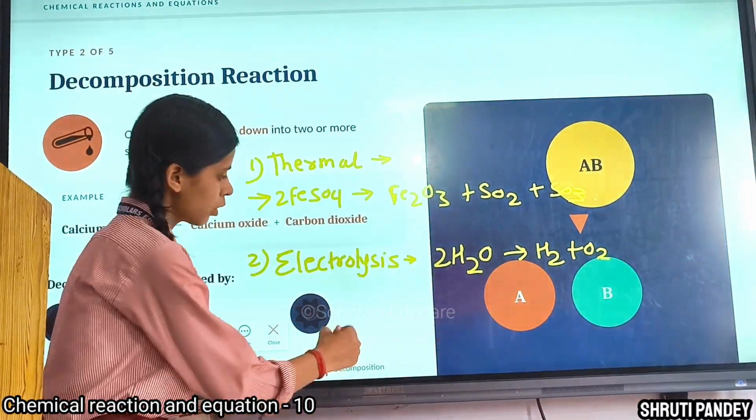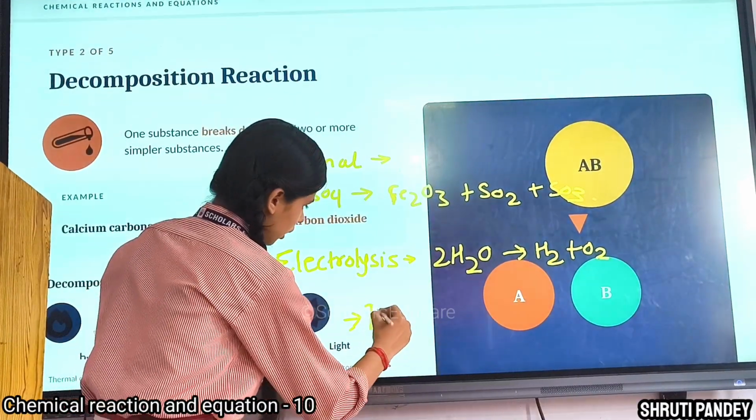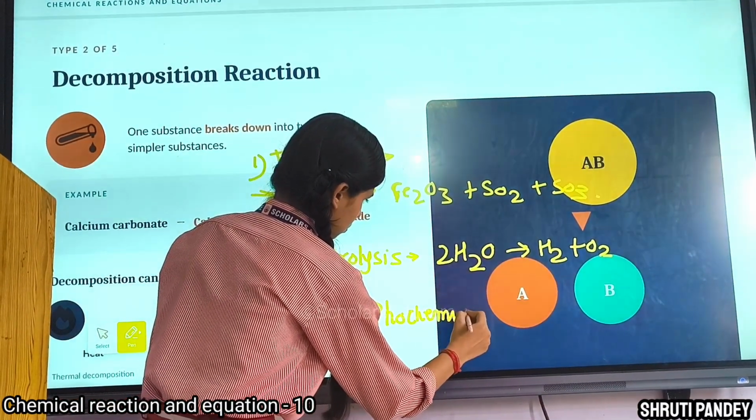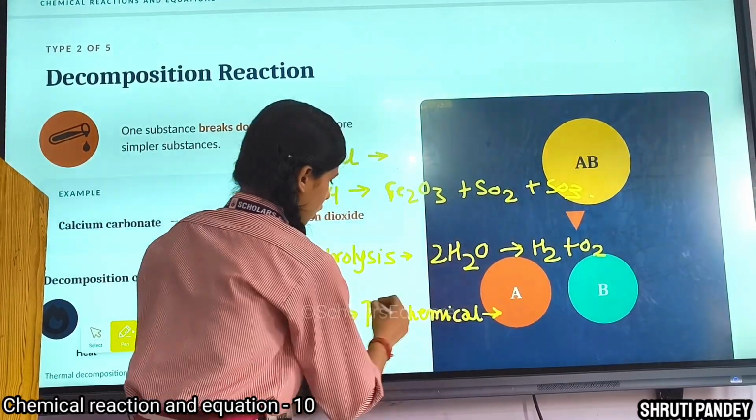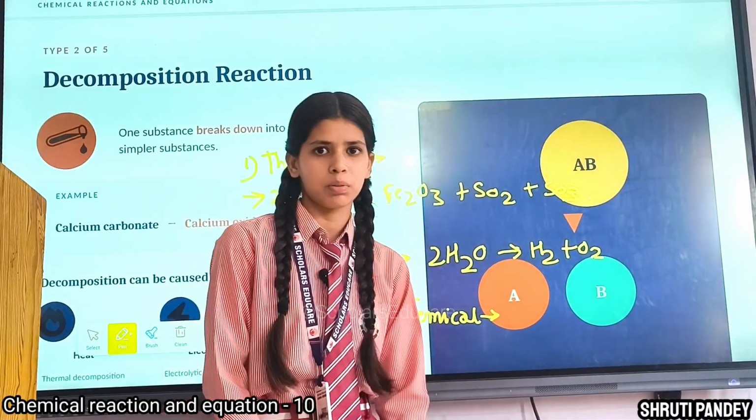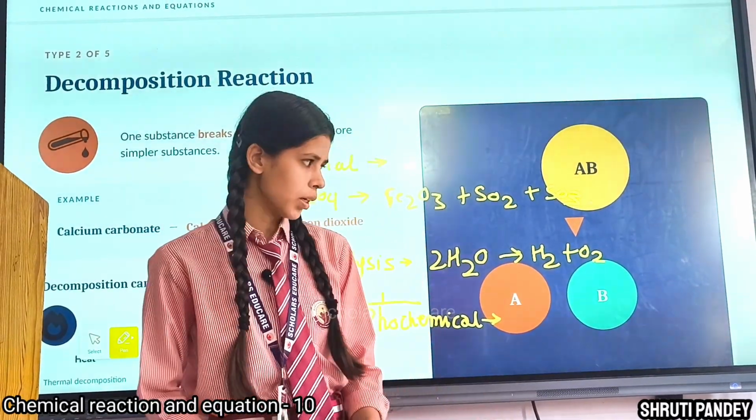And the last one is photochemical decomposition. The word photo means light. So the decomposition done with the help of sunlight is called photochemical decomposition.